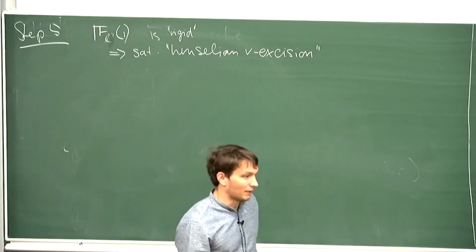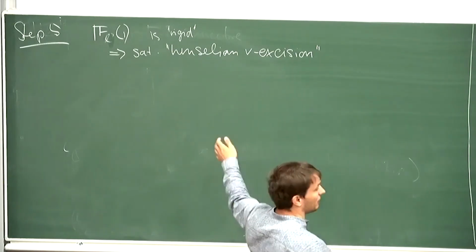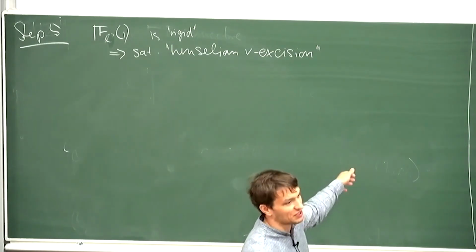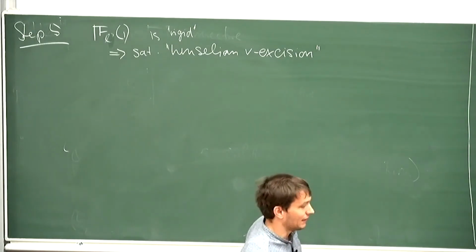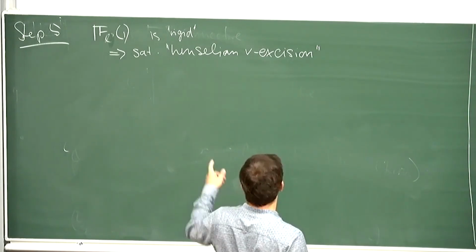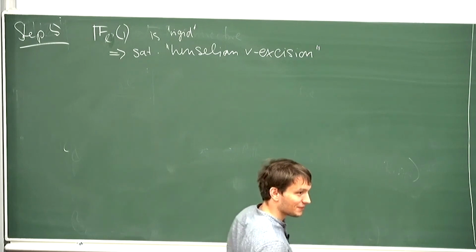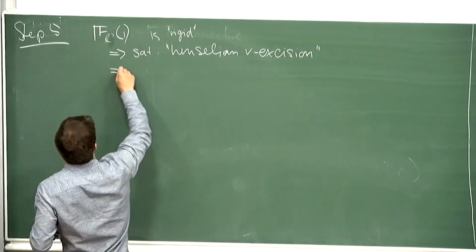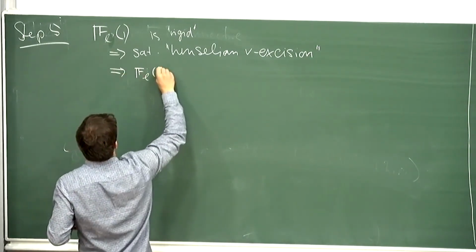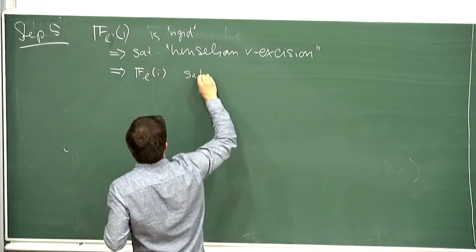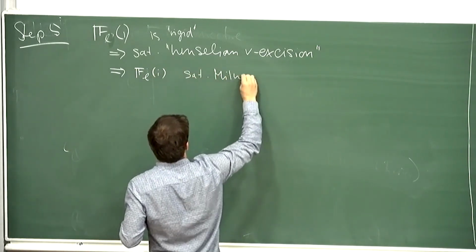Okay, so there's some definition, not super complicated, and for rigid things, it's basically trivial. And so then that implies that this FLI guy satisfies Milnor excision. So now I can say it's due to U. So this implies that FLI satisfies Milnor excision.